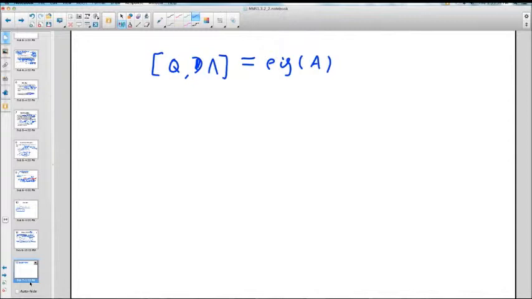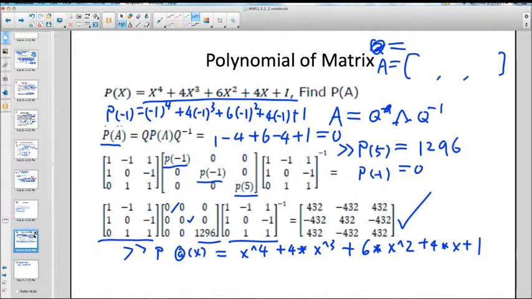In the end, you say your P of A just equals Q multiplied by P of lambda multiplied by Q inverse. You get the result. Look at the result: there's only one number, 432.